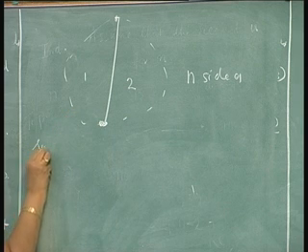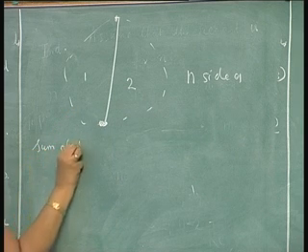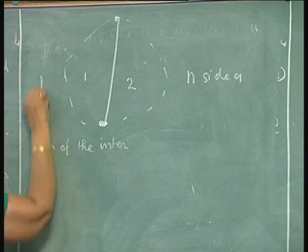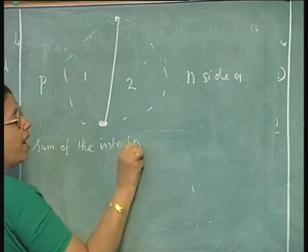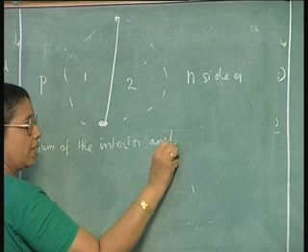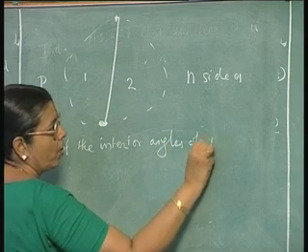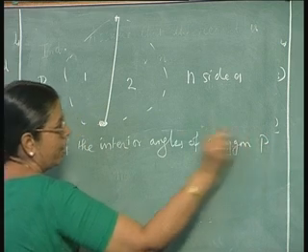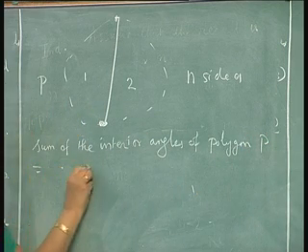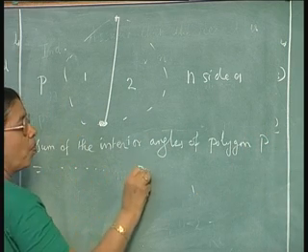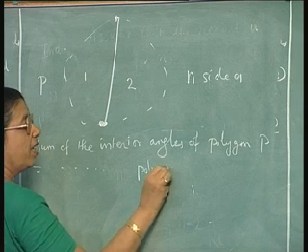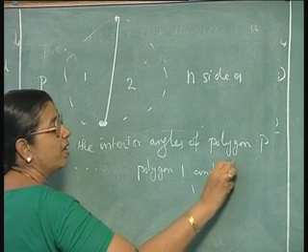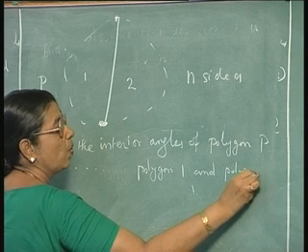The sum of the interior angles of polygon P is equal to the sum of the interior angles of polygon 1 and polygon 2.